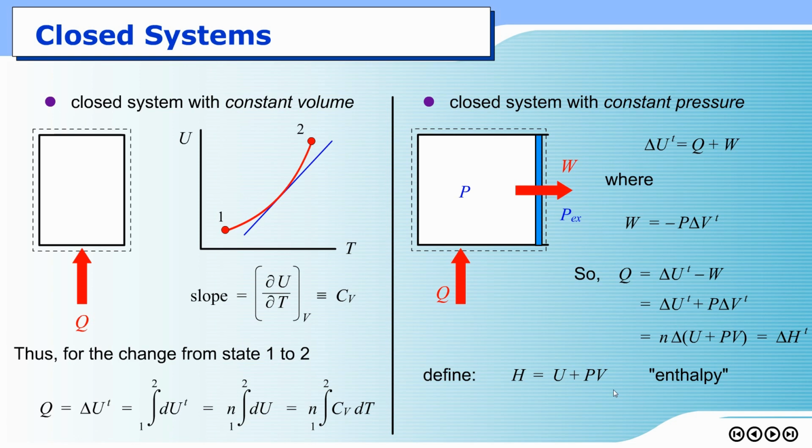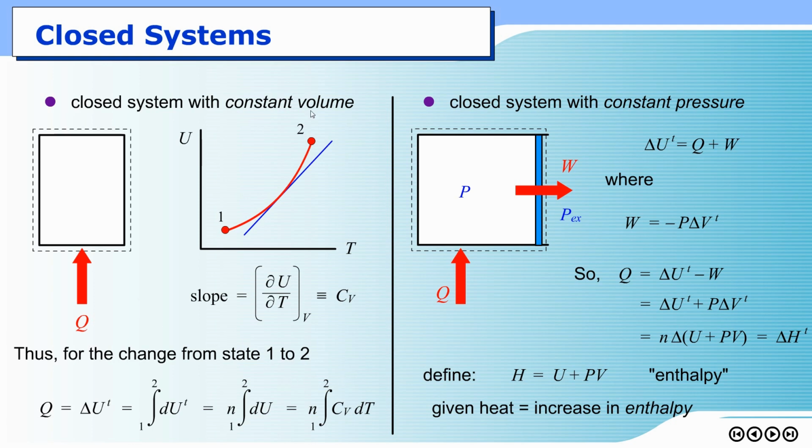Okay, basically we draw this definition so that the final equations for these two extreme systems are in the same form, even though the variables are not the same, but the form of the equation will be the same, such that the given heat for the closed system with constant pressure would equal the increase in enthalpy.